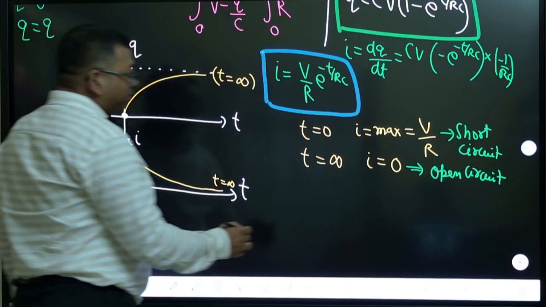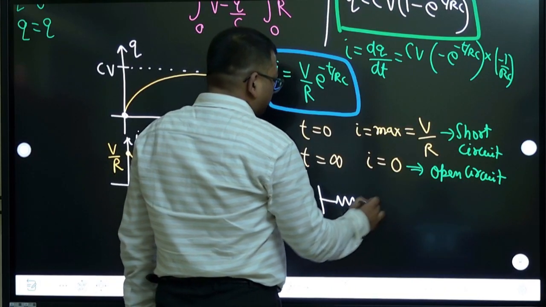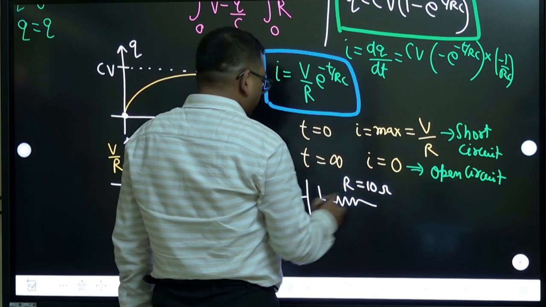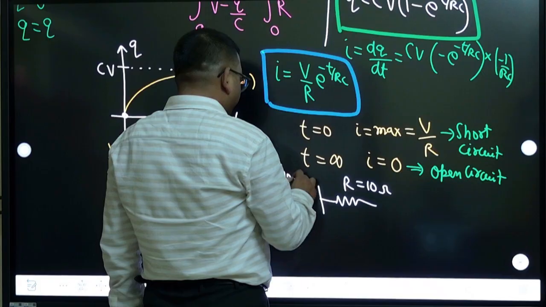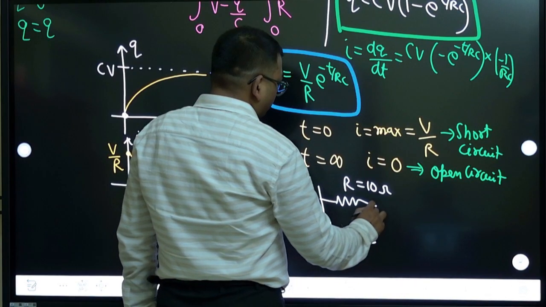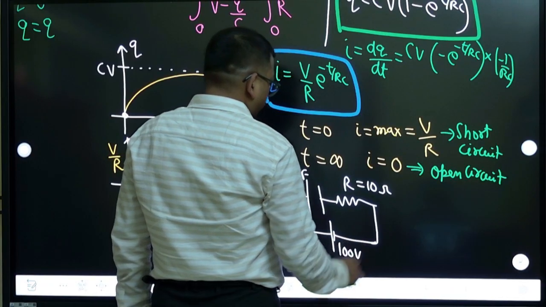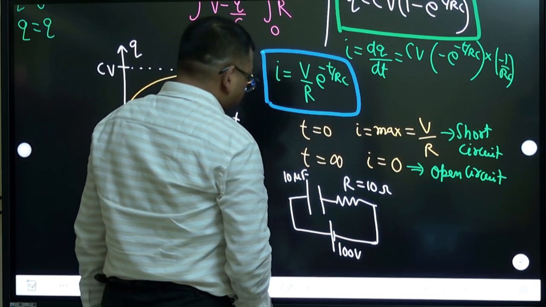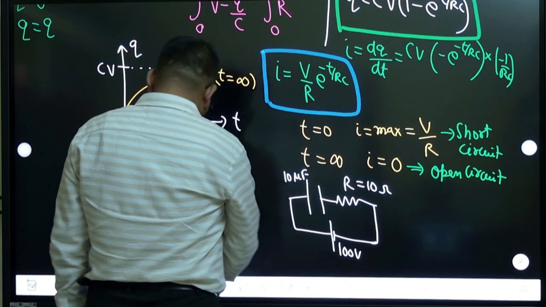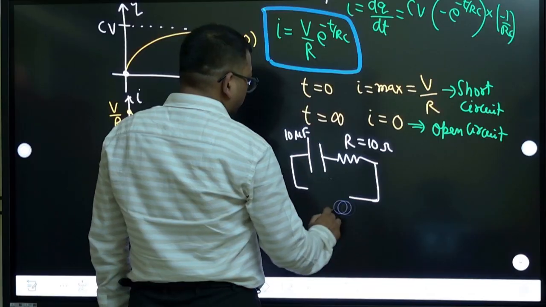Suppose there is a capacitor and a resistor R, let us take this as 10 ohm and capacitance as 10 microfarad, connected to a battery of 100 volt. Let us consider one more branch.